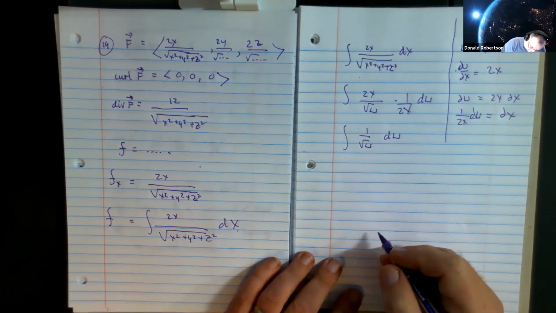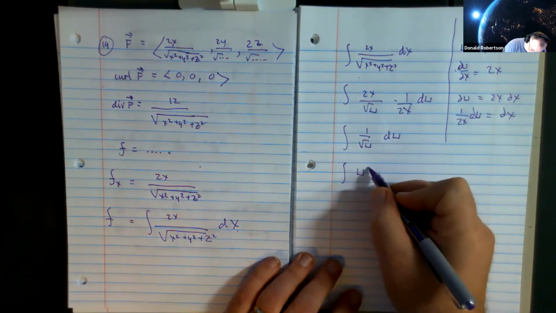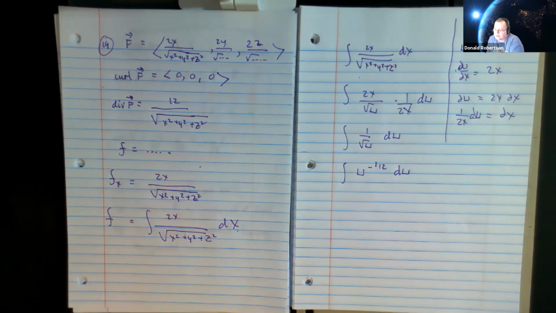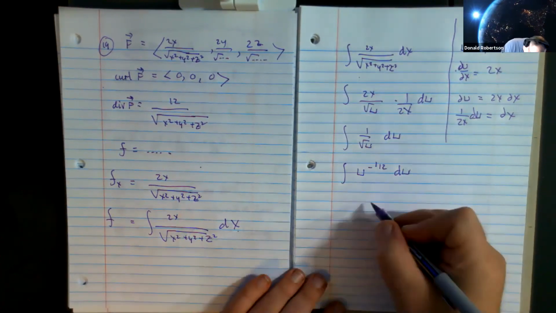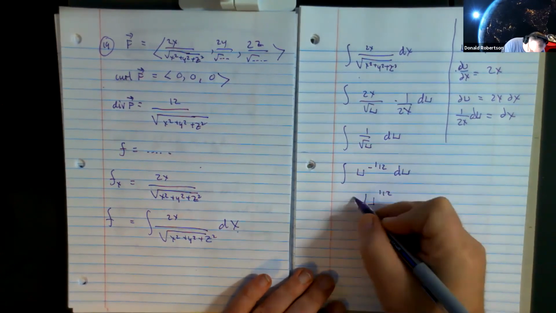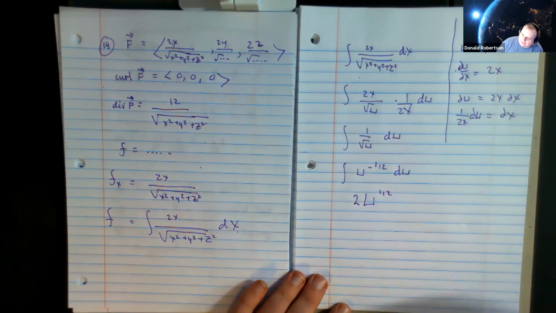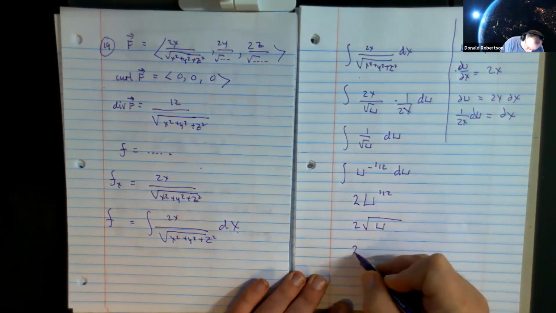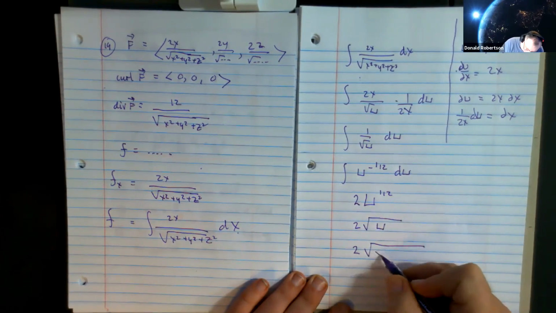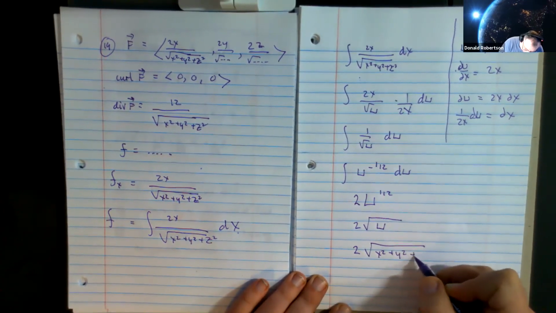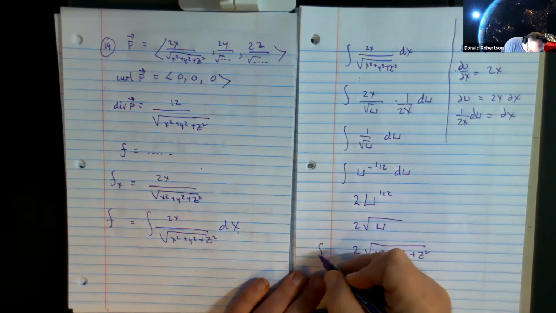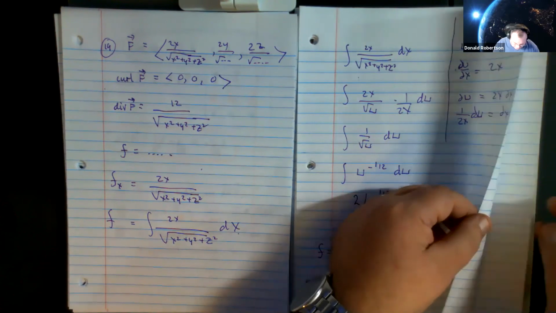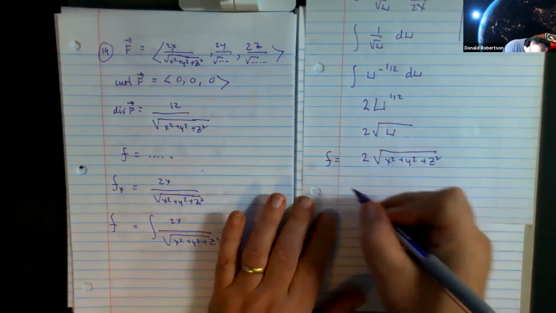Oh, this is nice. Are you happy about 1 over square root becoming a negative a half power? So you add 1 to the power, and then you divide by the new power, so you get 2, because dividing by half gets you 2, which means you get 2 square root of u, which means you get 2 square root of x squared plus y squared plus z squared. And there is our f. And I am now going to do something really cool. I didn't know it was going to be so pretty.